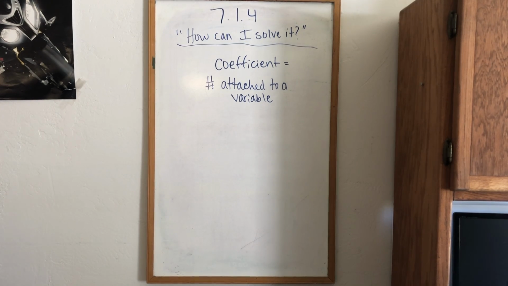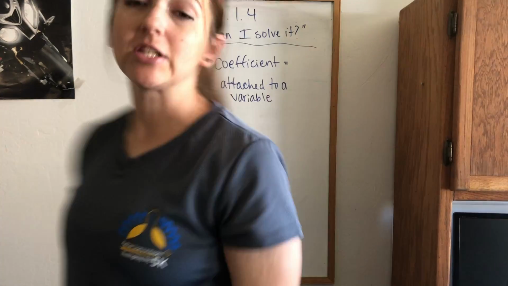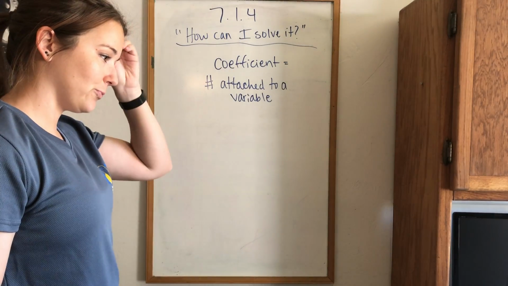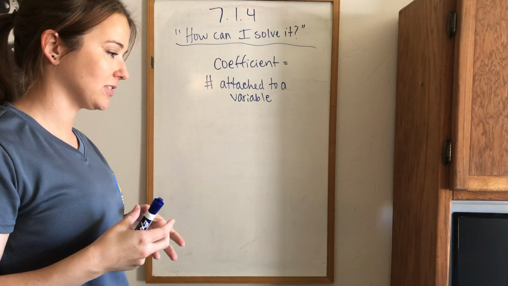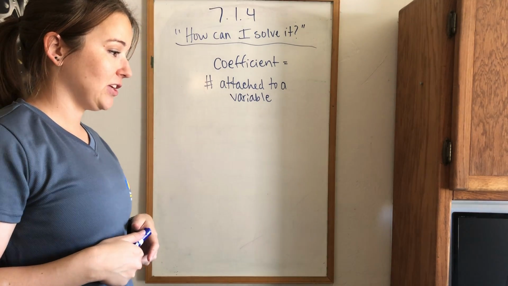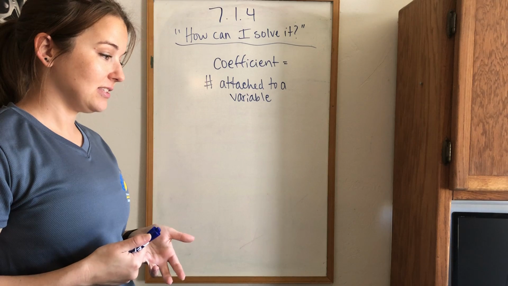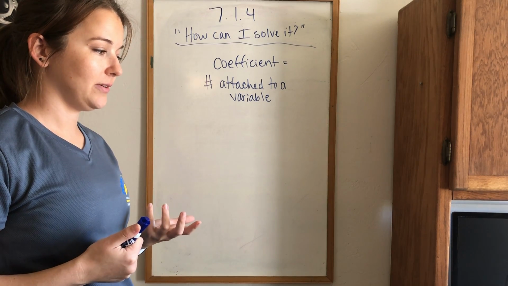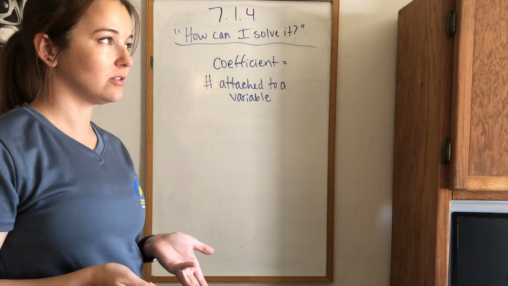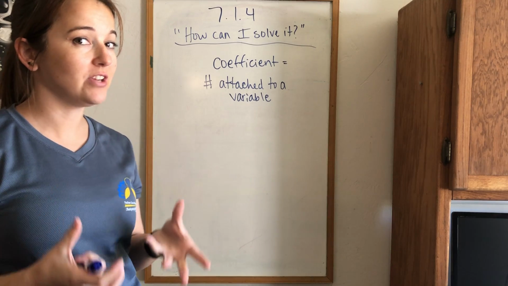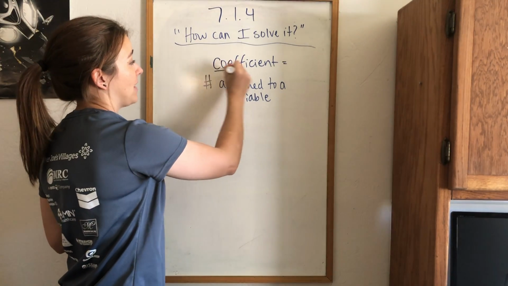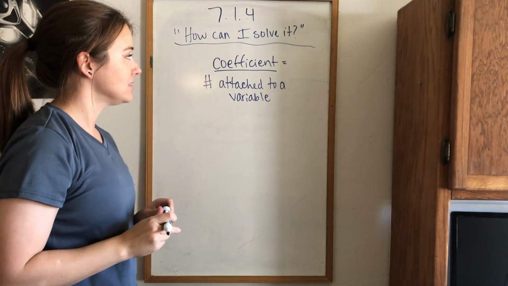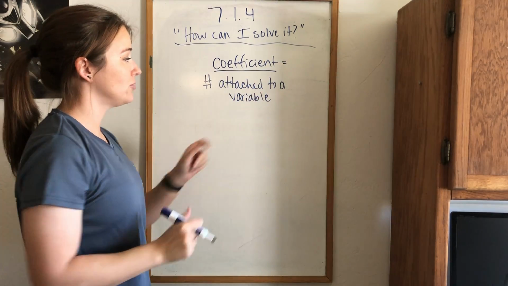Okay, 7.1.4 for 7th grade, titled, How Can I Solve It? Basically the gist of this lesson is figuring out easier ways to solve an equation with fractional coefficients. Now, coefficient is a vocab term that means the number attached to a variable.